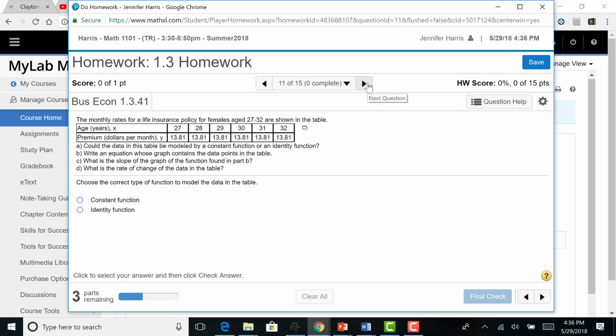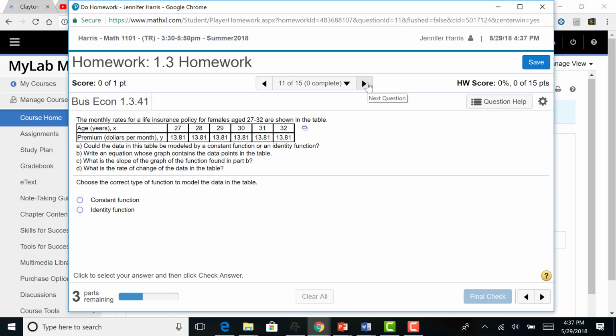Okay, let me say something about constant and identity functions because that wasn't on any of the PowerPoints. If all the y values are the same, it's considered a constant function. Well, if that's the case, what does the identity function look like?